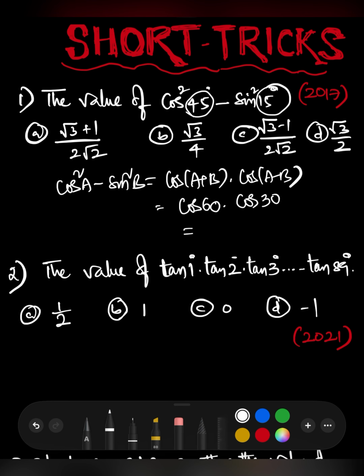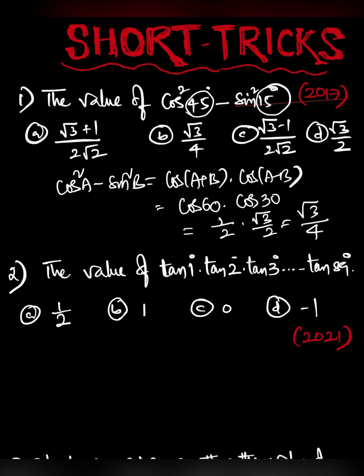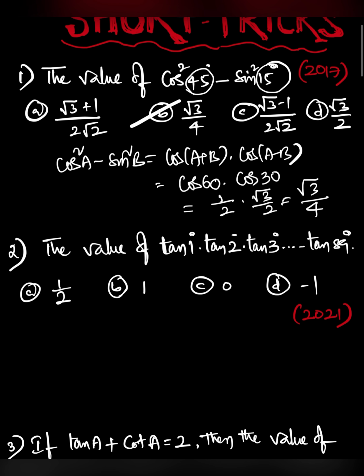Cos 60 is 1 by 2 and cos 30 is root 3 by 2. The answer is root 3 by 4. So option B is the answer.